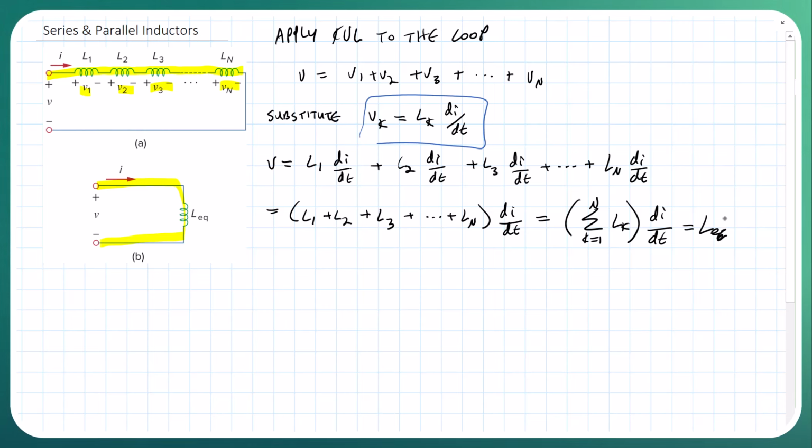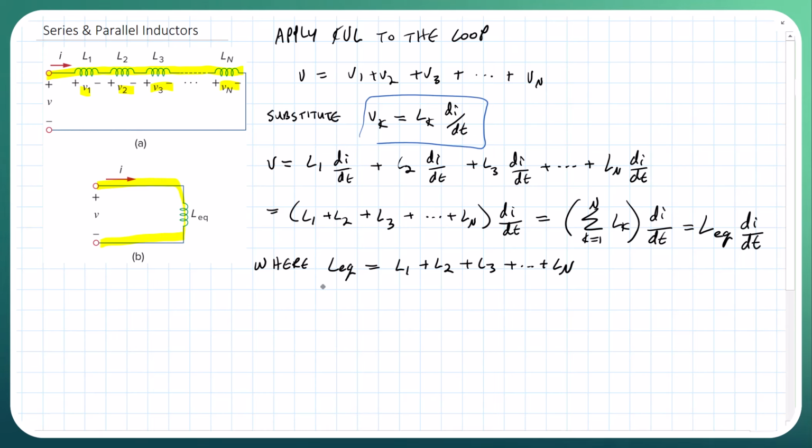And that's going to give us our equivalent inductance times di over dt, where L equivalent is equal to L1 plus L2 plus L3 plus L sub n.